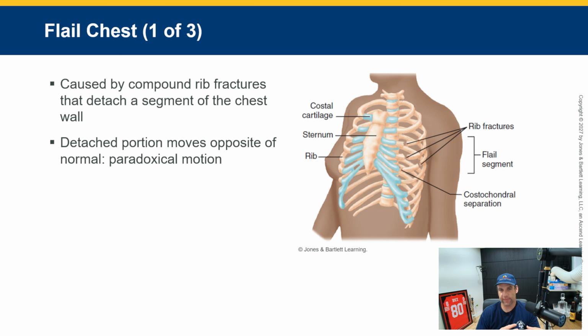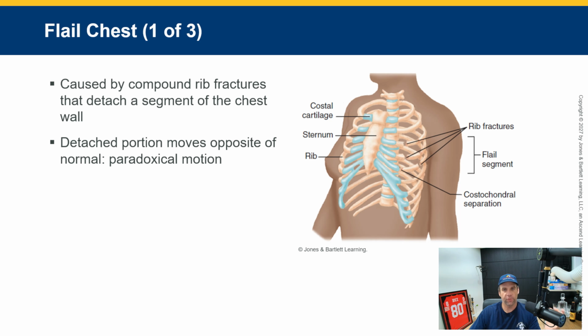A detached segment is no longer supported in the same way, so it's going to be drawn inward while the surrounding chest expands outward. During exhalation, it may move outward while the remainder of the chest recoils inward. Okay, so this is the opposite movement, and we call that paradoxical chest motion.